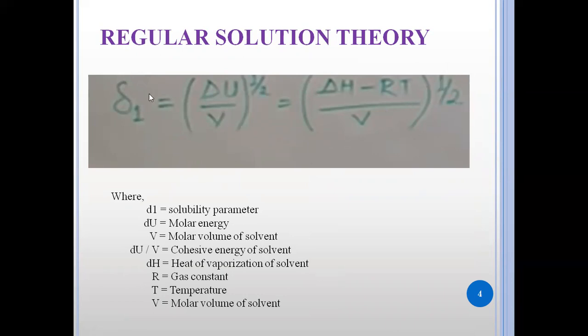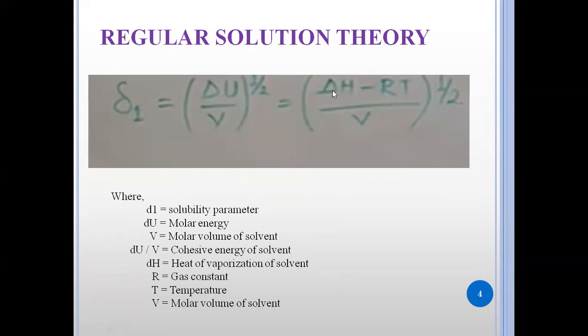Now we'll see one by one. Delta 1 represents the solubility parameter that we are going to study. Delta U, the numerator, is molar energy. V is the molar volume of the solvent. And this whole value, (delta U upon V) to the power of 1 by 2, represents your solubility parameter, which is also equivalent to ((delta H minus RT) upon V) to the power of 1 by 2.